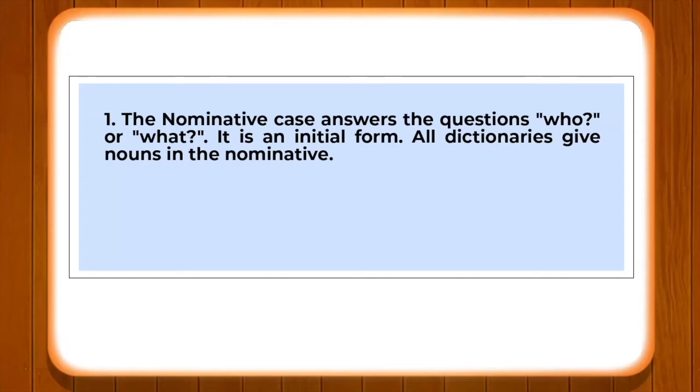It is the initial form. All dictionaries give nouns in the nominative only. If you look at any Russian dictionary, you will find all the nouns in the nominative form. Then you will find the gender, some examples, and some expressions, but largely the meaning and formation of these nouns are in this case only, which is known as the nominative case.